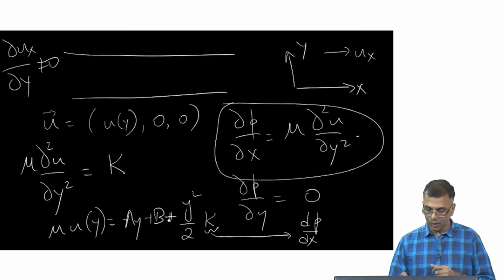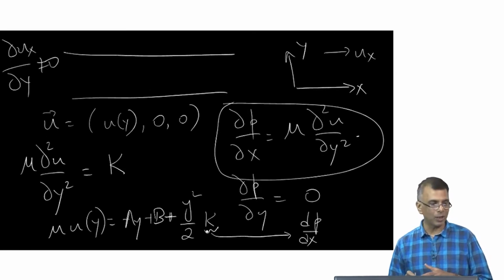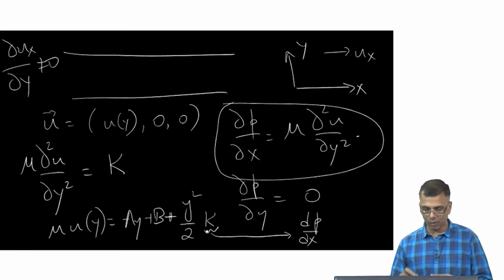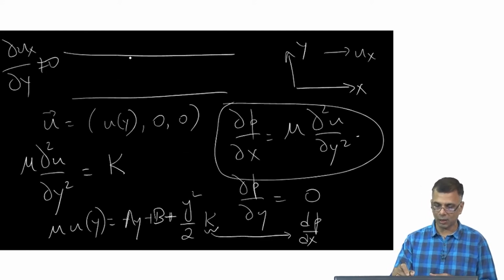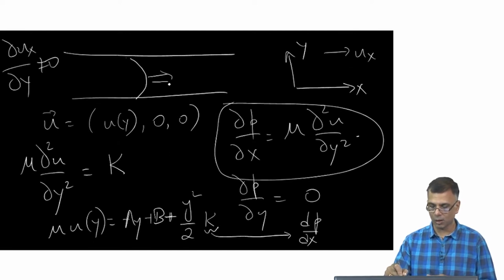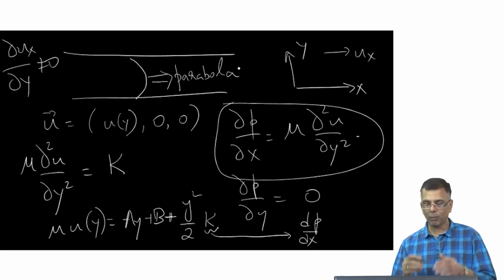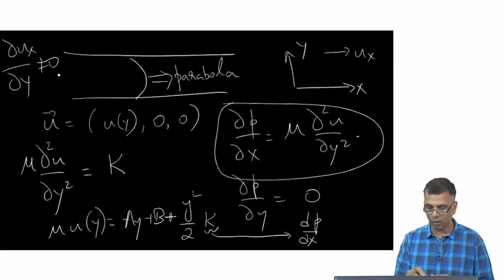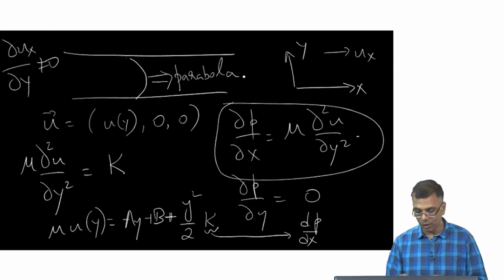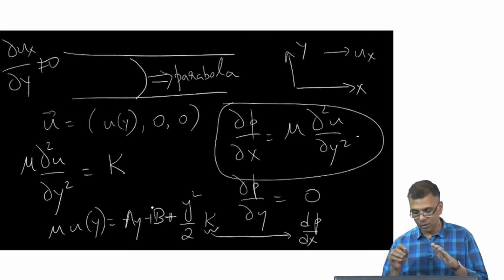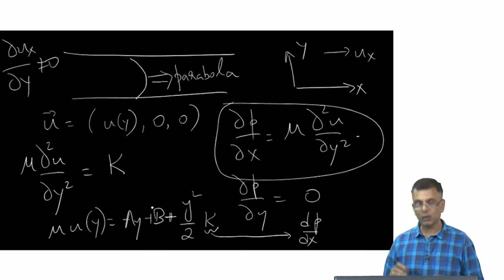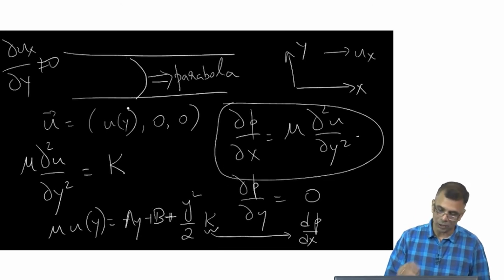So really, if you look at this, this is the equation of a parabola, and you apply the correct boundary conditions and it looks like a parabola. The boundary conditions would be that the velocity goes to 0 here and here, and depending upon where you take the origin, if you take the origin at the center of the pipe, you can even get rid of this ay term, and it looks just like a y squared over 2, and that's exactly the equation of a parabola.